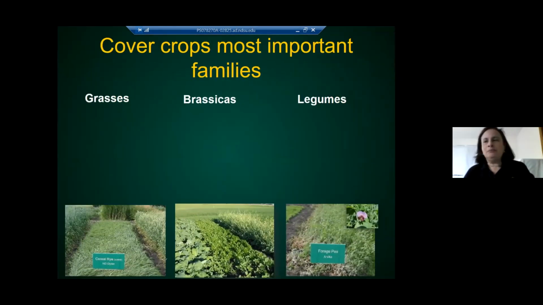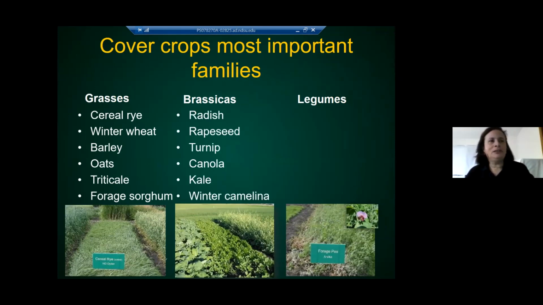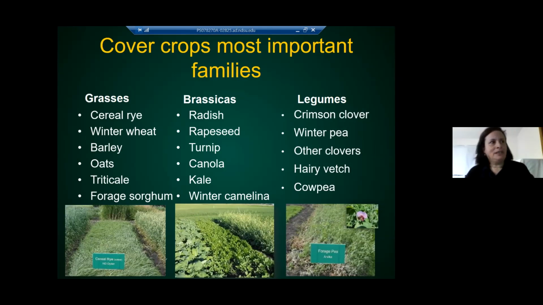The most important families are the grasses, the cereals: rye, winter wheat, barley, oats, triticale, forage sorghum, also millet; brassicas: radish, turnips, canola; and legumes, okay? We have many more legumes than these, but crimson clover, winter pea, fava bean, there's many others.